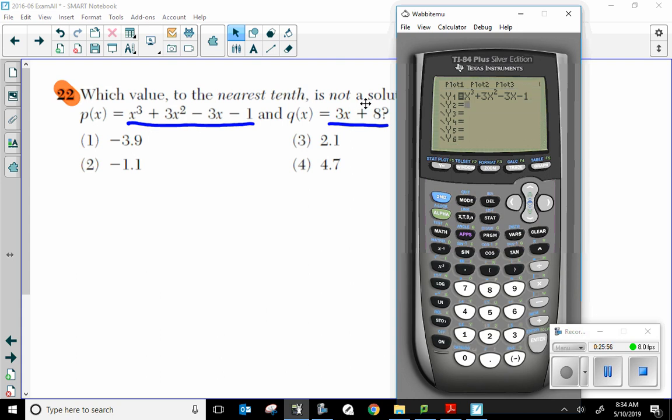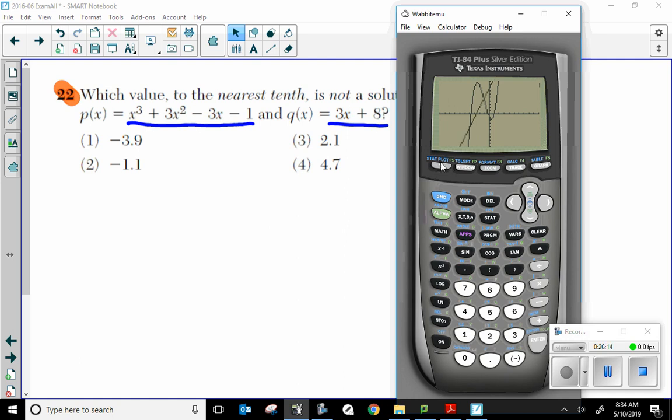And I go down and put this into Y2: 3x plus 8. I'm going to zoom, making sure I go to standard because that always puts me back to my 10 by 10 window.